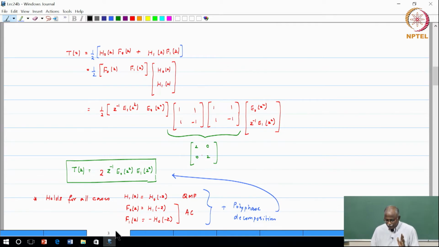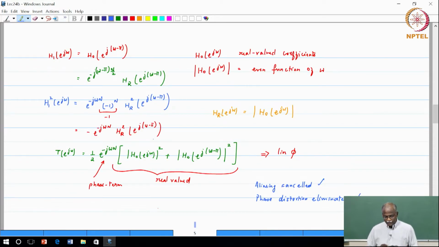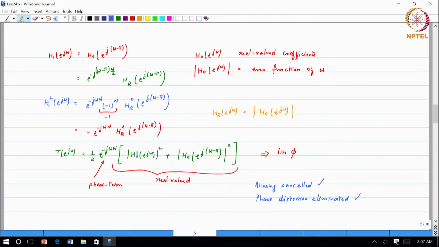Now if you do the polyphase decomposition, this is the expression that we get: 2 times Z inverse E naught of Z squared E1 of Z squared. If it is not the polyphase decomposition, and you are looking at the phase elimination part, we said we look at a type 2 linear phase filter, and the transfer function Te of j omega came out to be 1/2 e power minus j omega n, times h0 magnitude squared plus h1 magnitude squared, or h0 of e power j (omega minus pi) magnitude squared.